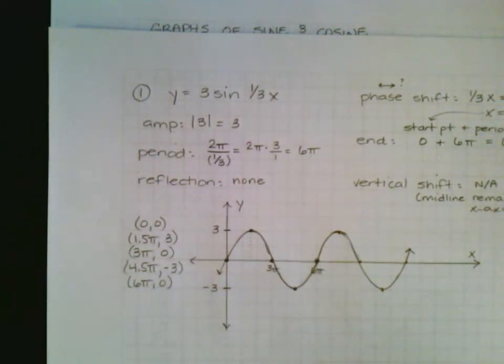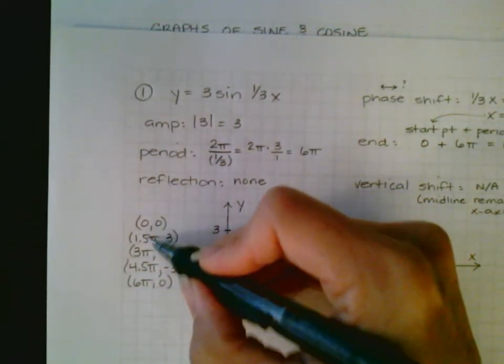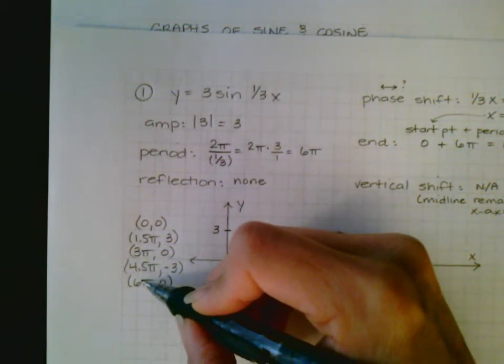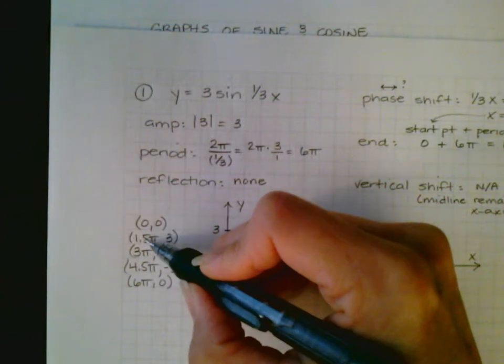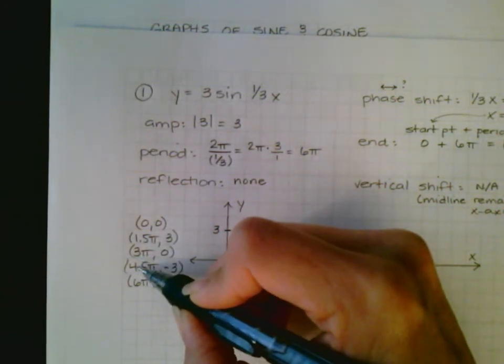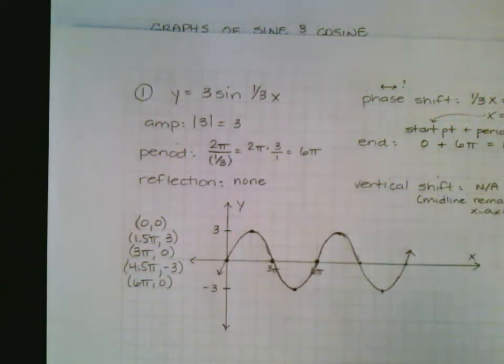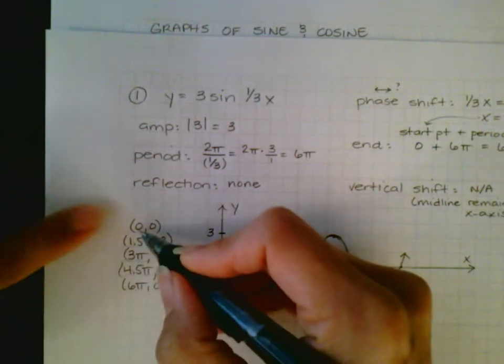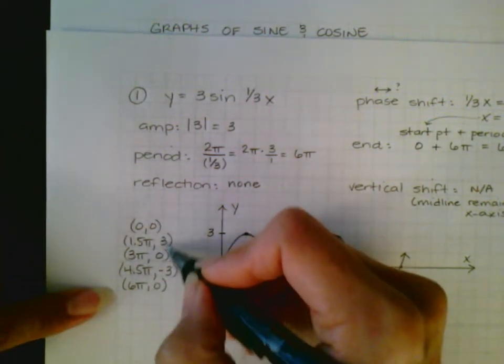And I want you to notice how these are all symmetrical as far as the increments that it's increasing. So 1.5, plus another 1.5 is 3, plus another 1.5 is 4.5, plus another 1.5 is 6. Okay, so notice those will increase equally, and then these fluctuate.